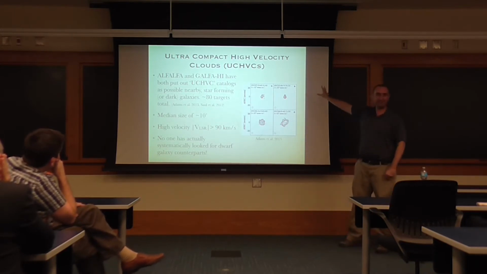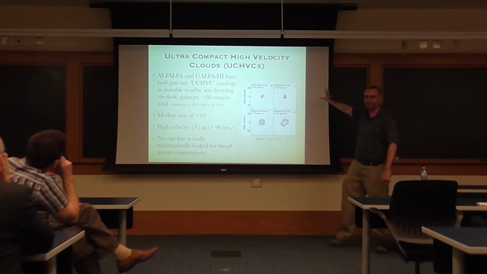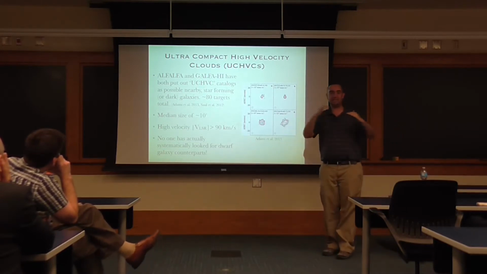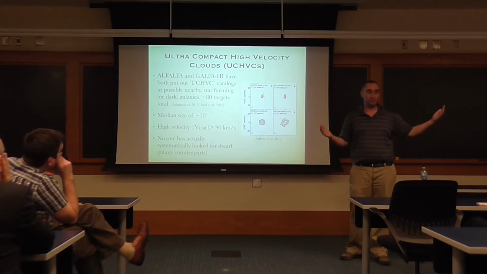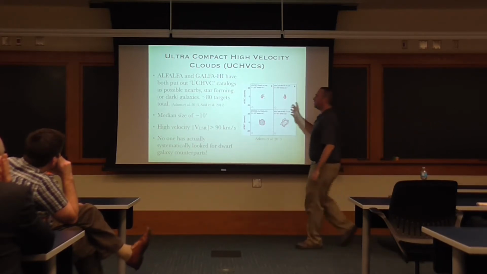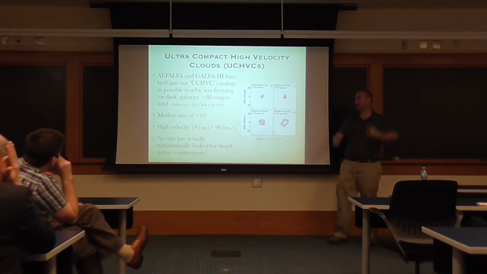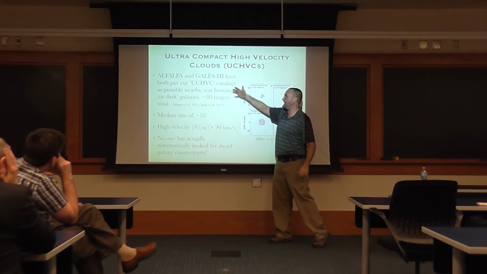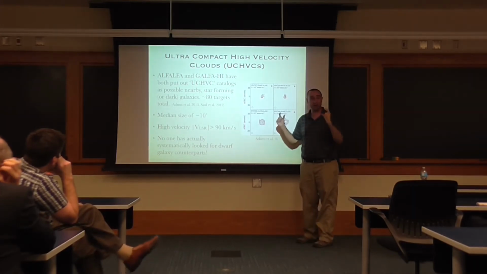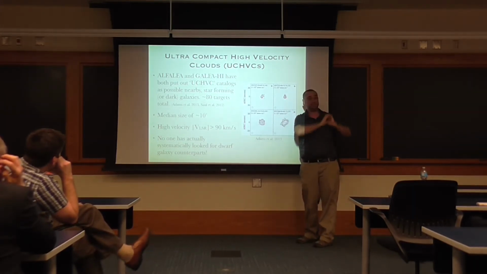These are not your usual high-velocity clouds. High velocity so that they can't be consistent with Milky Way gas, otherwise it's confusing. Ultra-compact so that they can maybe correspond to a dwarf galaxy on the sky. And luckily, these two great surveys have published catalogs of these very compact things.